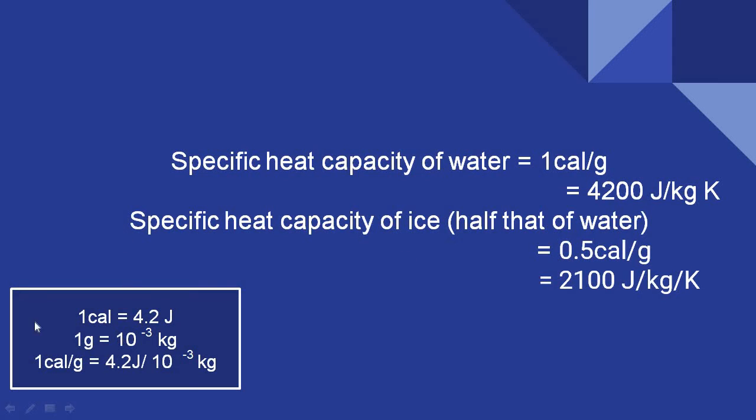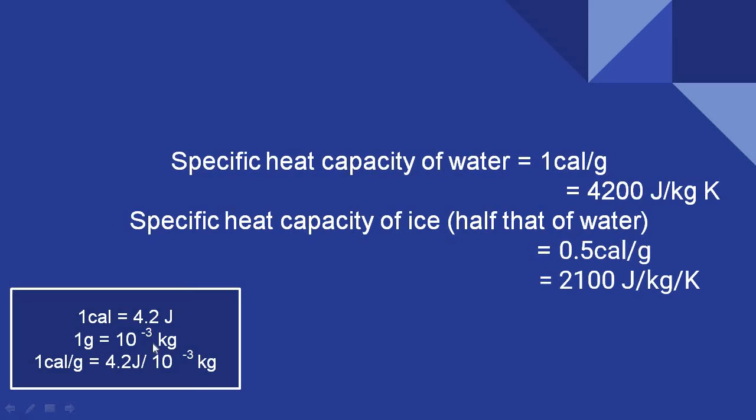We can just note this conversion. This is also known to you. 1 calorie is equal to 4.2 joules. This 4.2 joule, sometimes you are taking as 4.18. So, roughly we can consider it as 1 calorie equal to 4.2 joule.